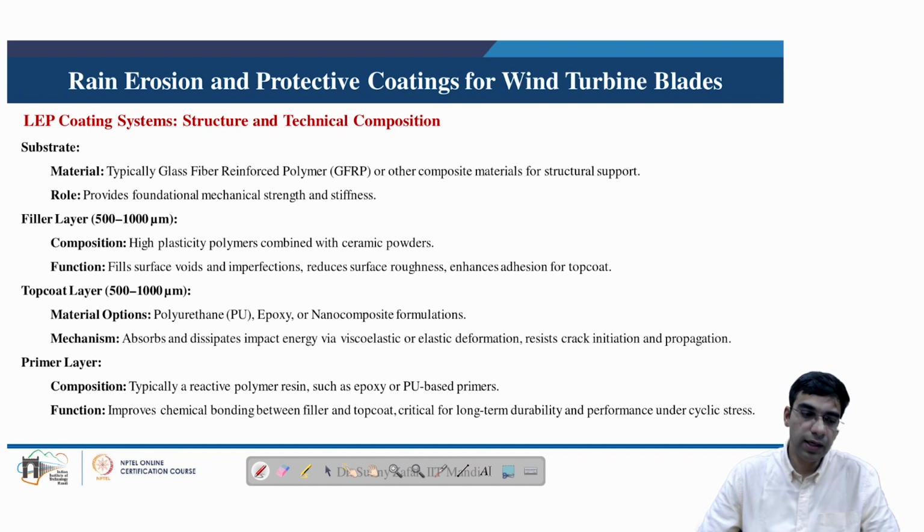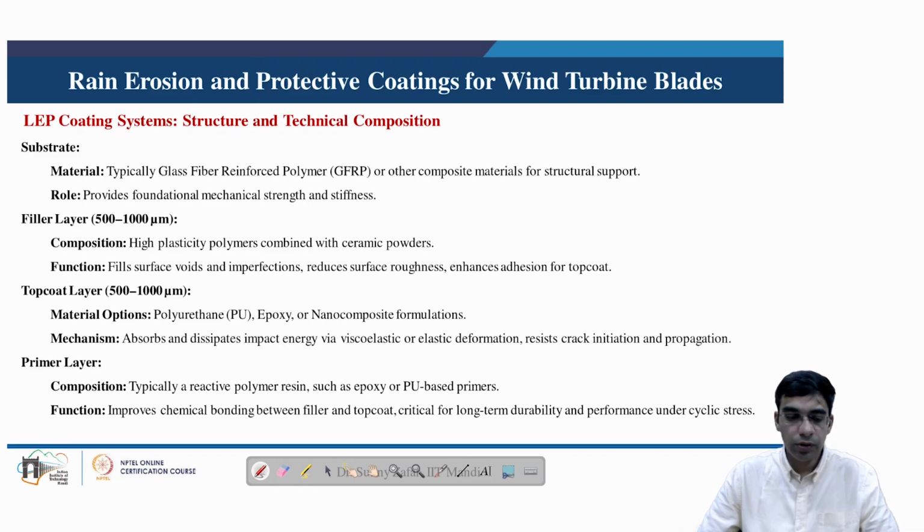First of all, a filler layer of 500 to 1000 micrometers is applied, which consists of high plastic polymers with ceramic powders. The function of this filler layer is to fill the surface voids and imperfections, reducing the surface roughness and enhancing the adhesion of the top coat.